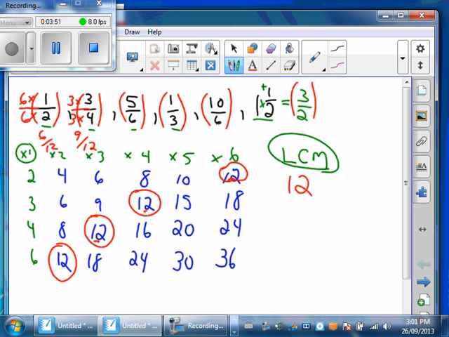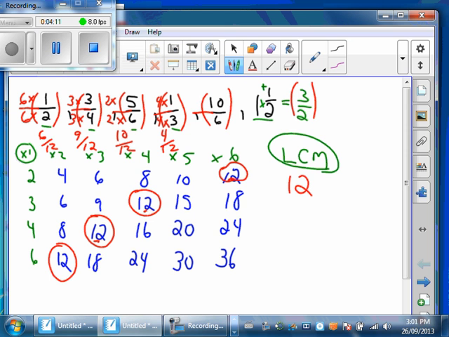Now we've got 5 over 6, so we multiply this one by 2, and this becomes 10 over 12. We've got 1/3. We multiply this by 4, and this becomes 4 over 12.